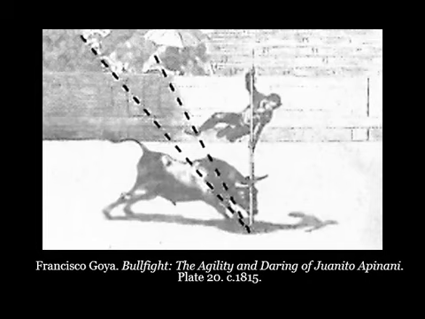So you've got this other directional force that's running up from the ground through the bull. This is helped and continued by the shadow of the man that is introduced by a light source and the shadow that's being cast from that on the ground.